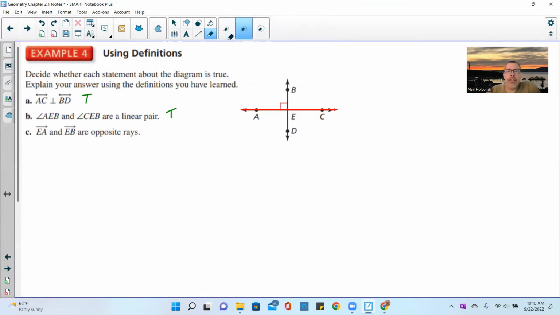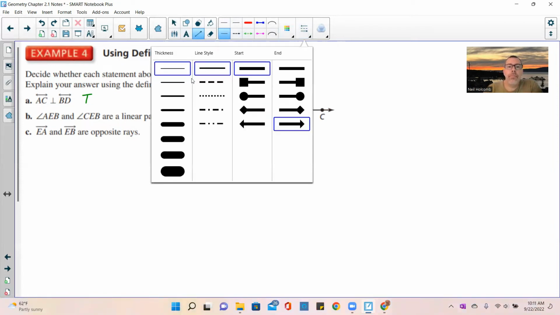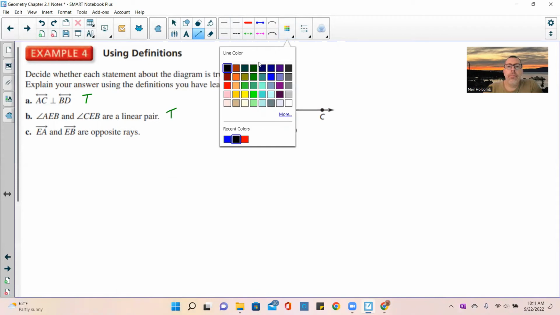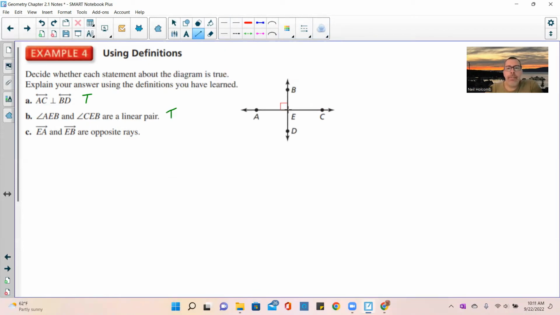Now we're talking about rays, so let's get rid of this line. Okay, so now I'm going to do a ray. Ray EA is right here.